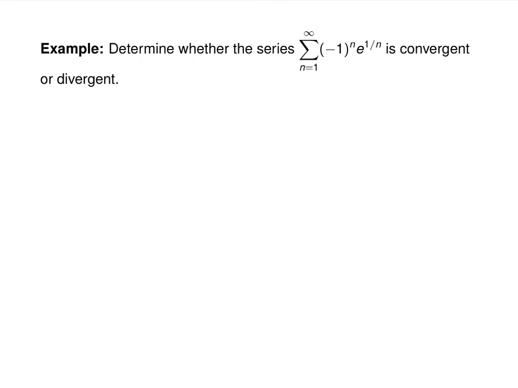Okay, this series, well, let's first define the b_n's. We'll let the b_n be e to the 1 over n. So check the first condition, find the limit as n goes to infinity of those b_n's. So as n goes to infinity, this 1 over n is going to go to 0.